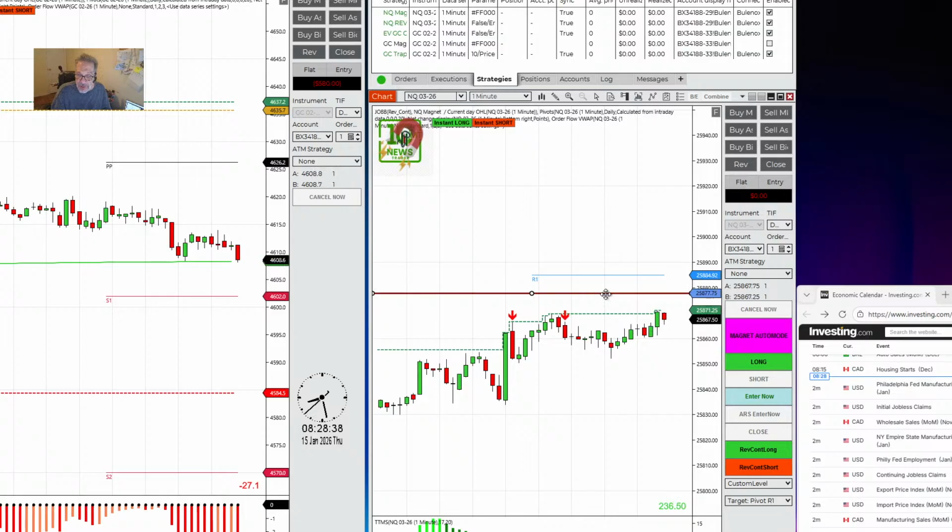Here's my entry before I get to R1. All right, I'm targeting R1. Where am I entering before I get there? I see what he did. All right, so I want to enter before I get to R1.